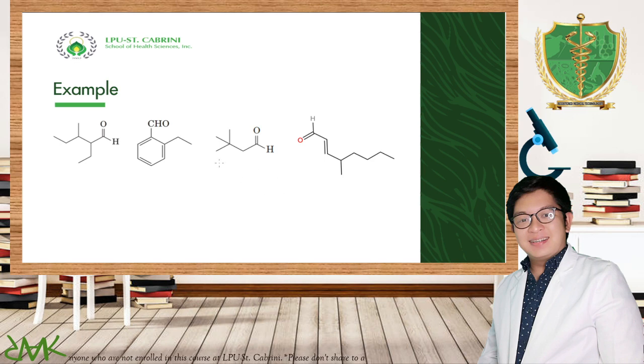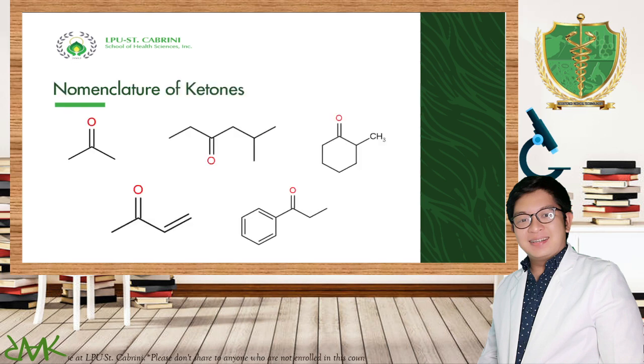Basically, they are just the same. Either of the two is accepted. So that's how we name our aldehydes. Next, how about our ketones? Again, remember, for ketones, that's basically the same thing. We just have to use the suffix one.